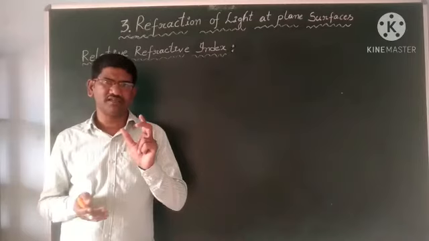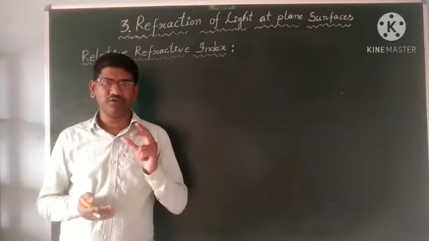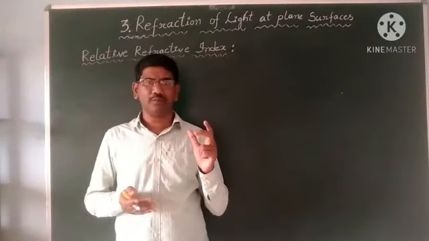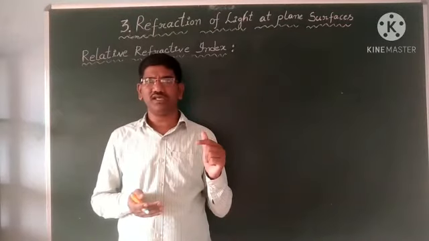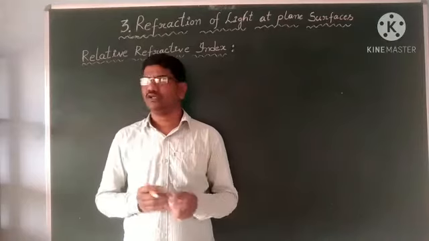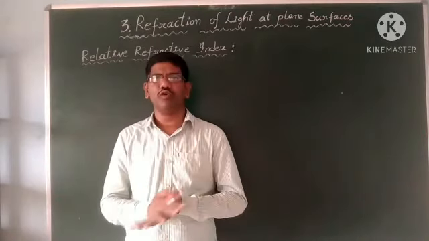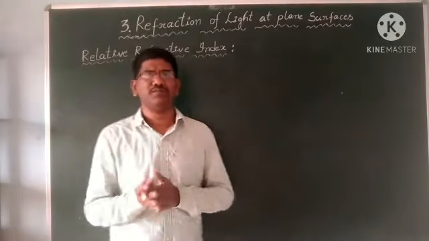The absolute refractive index of glass is 3 by 2, that is 1.5, and the absolute refractive index of water is 4 by 3, that is 1.33. Now we want to see what is relative refractive index. The refractive index of one medium with respect to another medium is called relative refractive index.